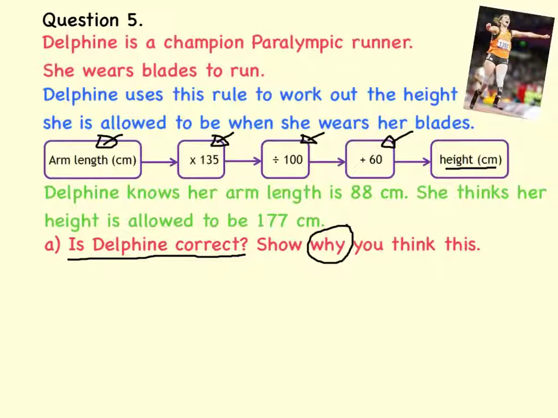Arm length we know is 88 centimetres because we're told so. We then need to multiply that by 135. You were allowed to use a calculator in this part of the test, and so I've used one as well, and I know that the answer to that is 11,880.